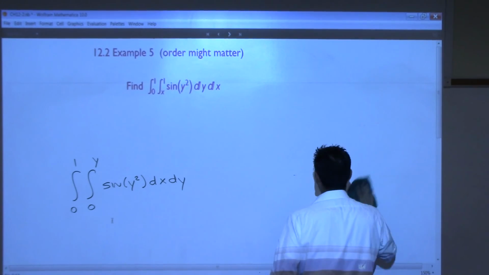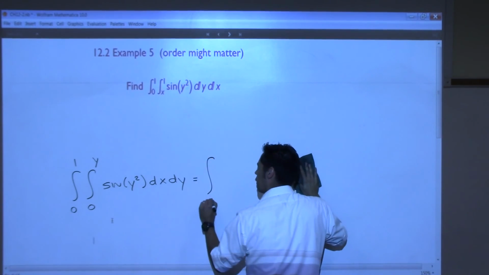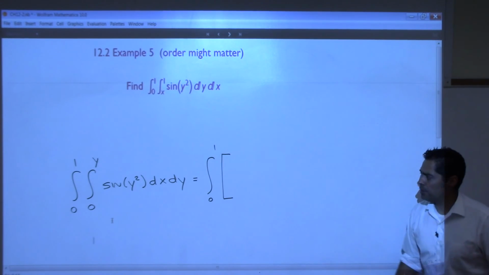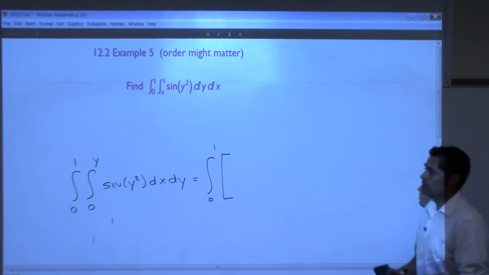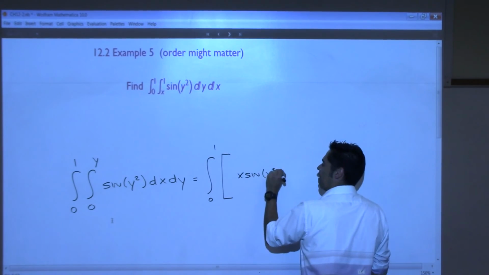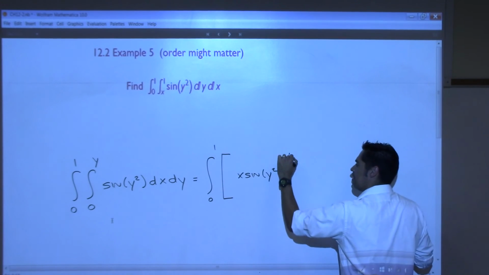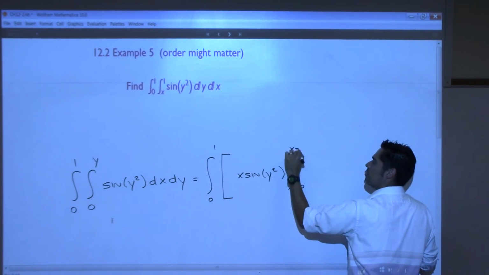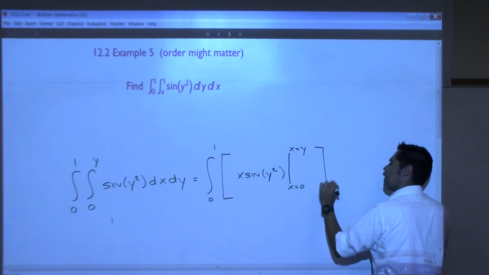The antiderivative of sine of y squared with respect to x is x sine of y squared, right? Evaluating this, x equals 0 to x equals y, dy.